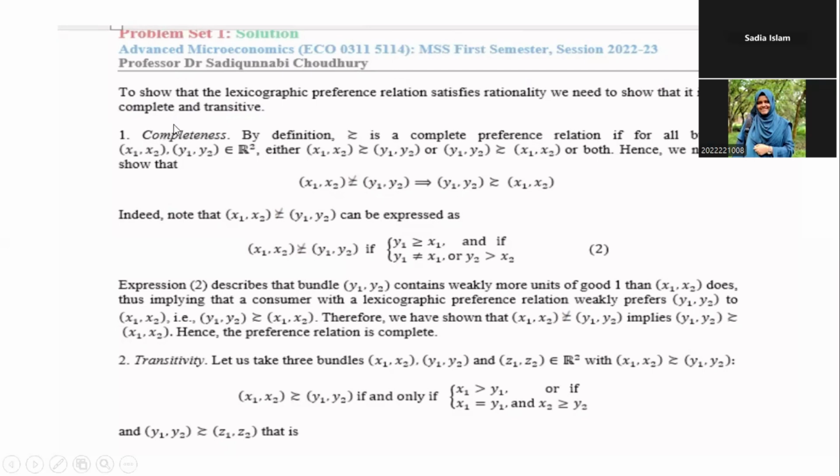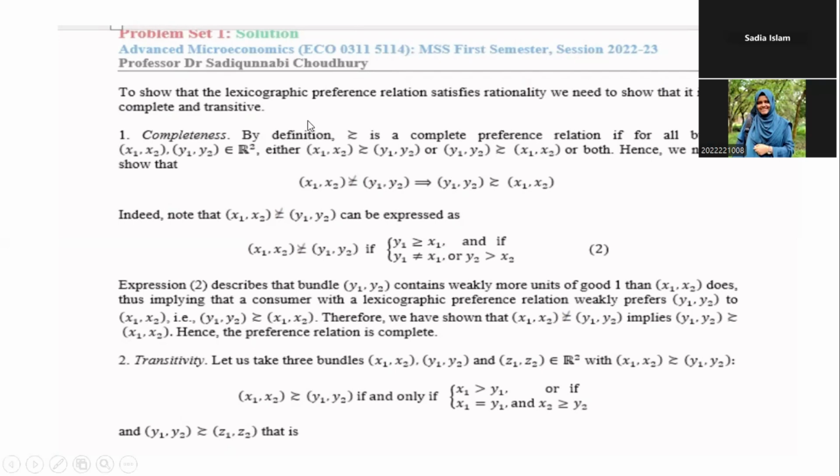Completeness. By definition, this sign is a complete preference relation. When we say that a bundle X1, X2 is complete, we mean that the bundles X1, X2 and Y1, Y2 are weakly preferred to one another.